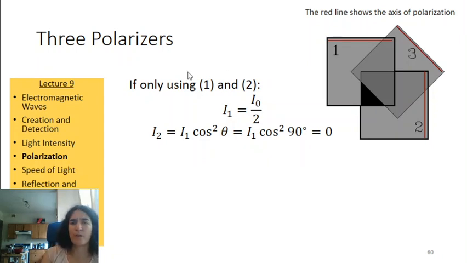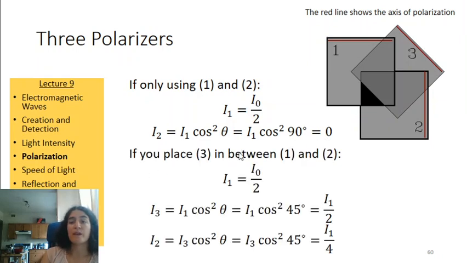Okay, so if I only have polarizer 1 and 2, I would expect no light to shine through, because initially I'm lined up in the horizontal direction, and then the angle between 1 and 2 is 90 degrees, and so no light shines through.